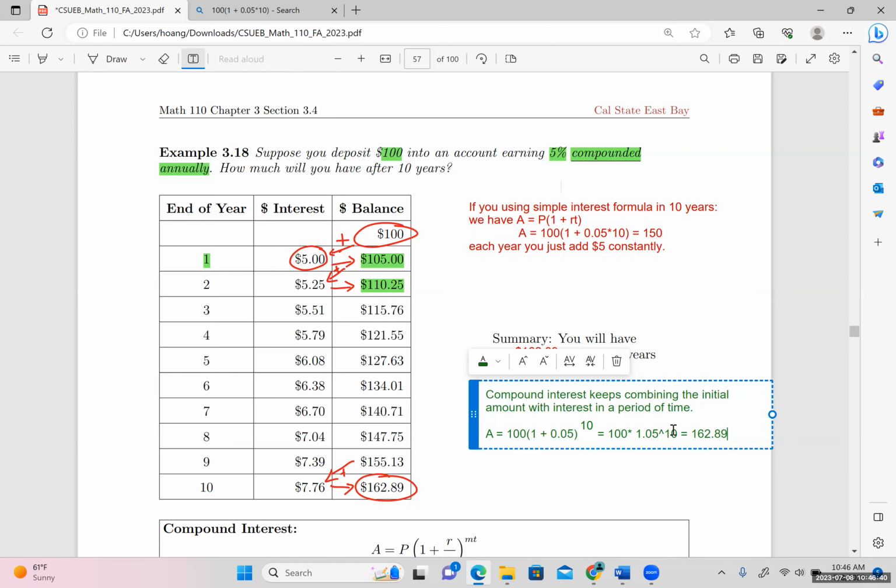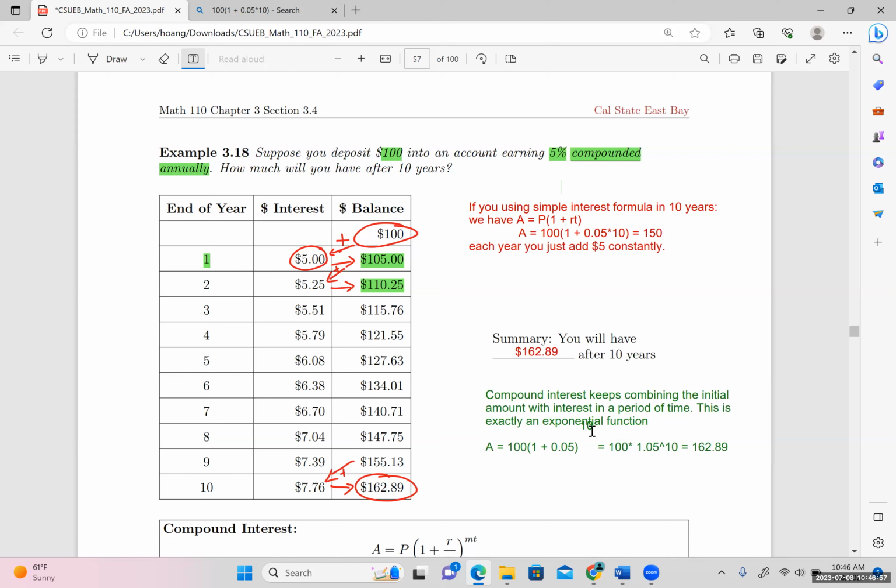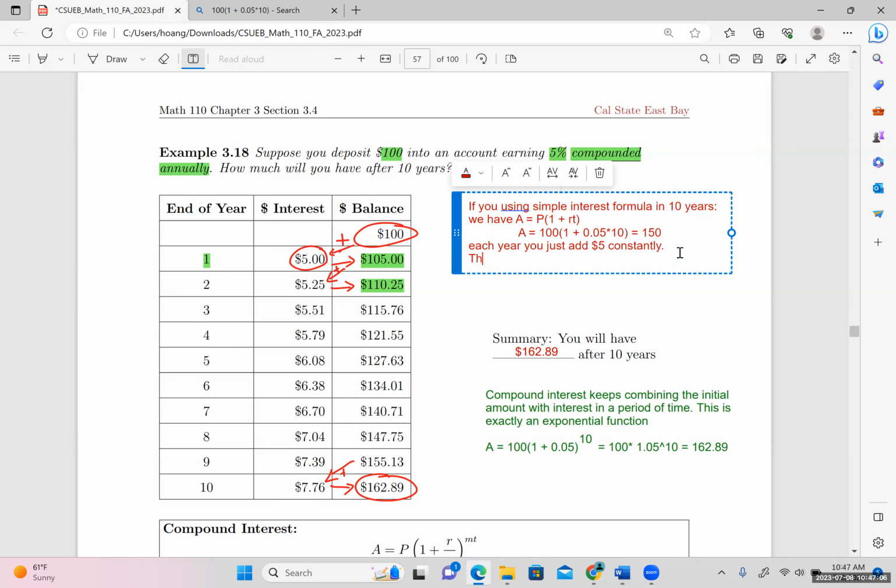So this is exactly an exponential function. The simple interest one above is a linear function.